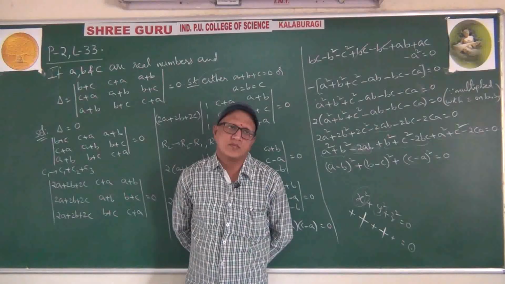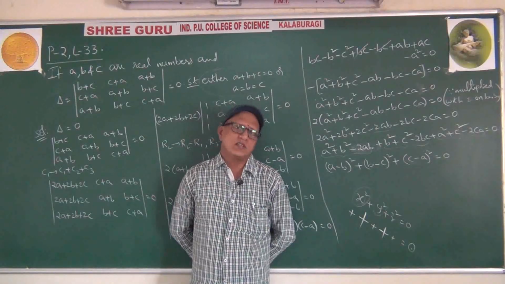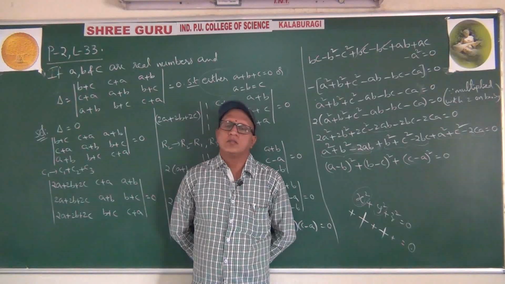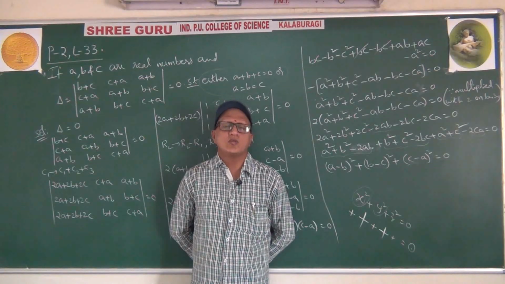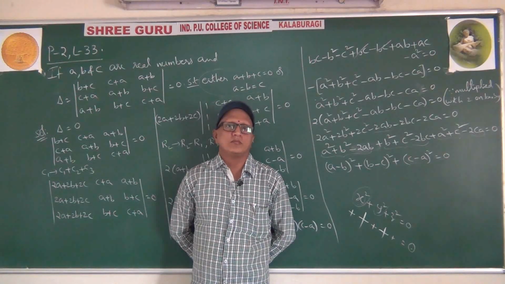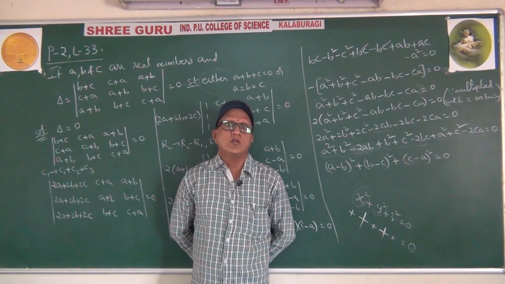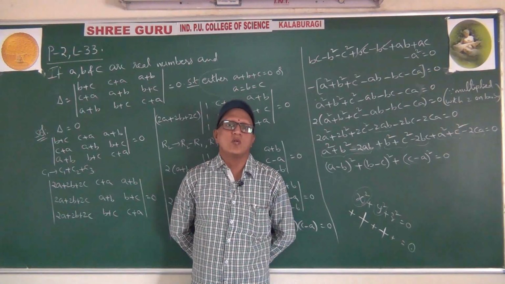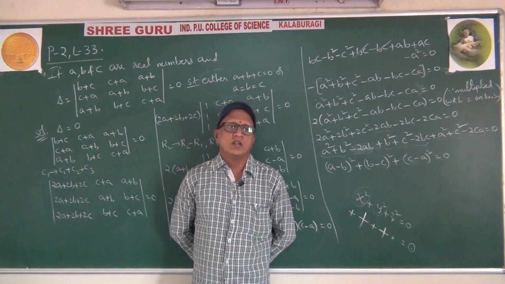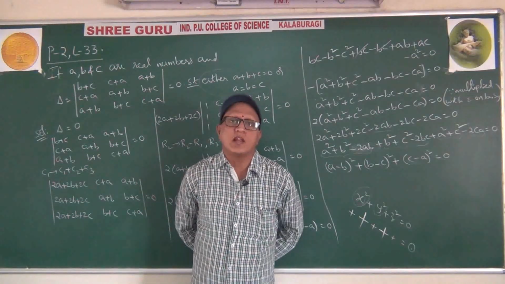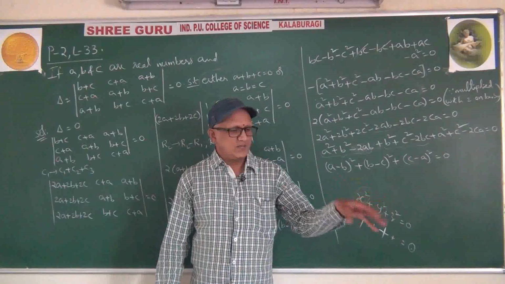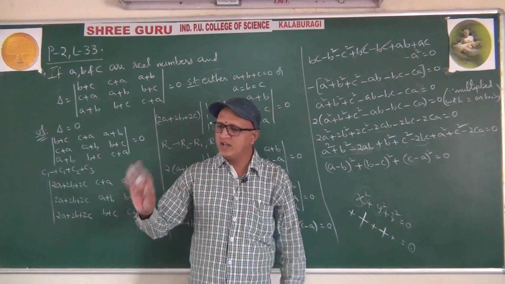Is that a positive number? 3 plus 3 plus 3, 0? No. Minus 1, positive. 2 plus 2 plus 2, 0. 0 plus 0 plus 0 equal to 0. In day-to-day life, in normal language, if you want to speak, nothing plus nothing equal to something?